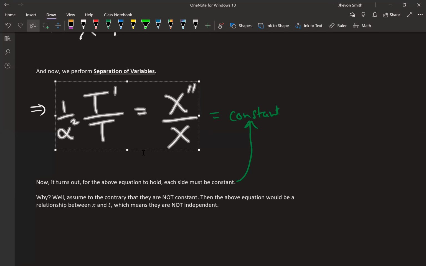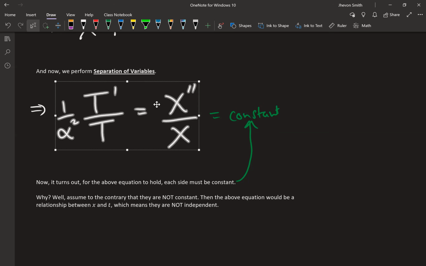But what would this mean? This would mean, for example, that time is dependent on the position that you're looking at. That doesn't make any sense. Time should be independent of your position, right? Time doesn't move just because I looked at a different point in the rod. No, time is moving regardless, right? My little x and my little t have to be independent, which means if this thing is not a constant, then this gives me an equation that defines time in terms of x, which does not make sense.